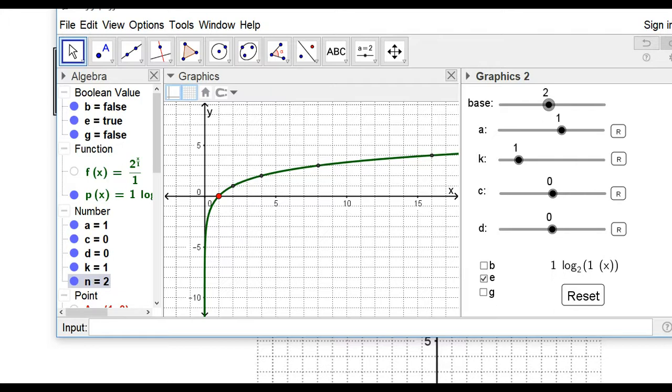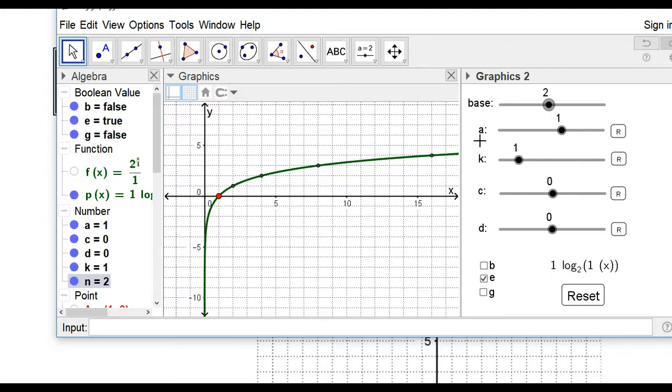So that's why it looks like this instead of a normal exponential function. Instead, when I put in 16, I get out 4 as the exponent, if you're thinking about it in terms of exponential functions. Or I put in 8, I get out 3. I put in 4, I get out 2. It's a nice way of relating exponential functions and logarithmic functions.